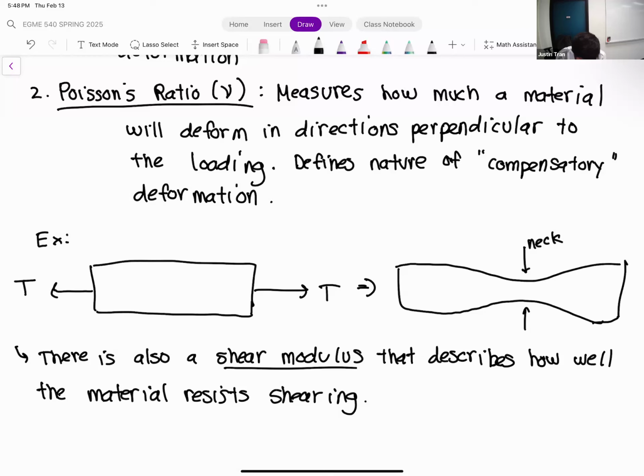So this is a property, right? If you look up material properties of certain materials, this is going to be there. The reason we don't really pay it too much attention is that for a linear isotropic material, we can actually compute the shear modulus based on the two properties that we just defined above.